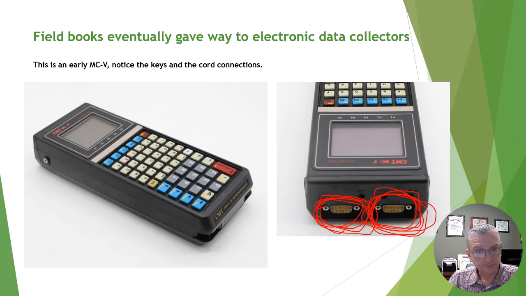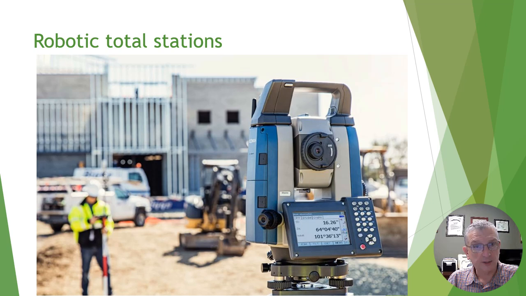And of course, this all evolved from, at this point in time, electronic total stations and data collectors. And now we've advanced all the way, as far as angles and distances, to the robot. This is a commonly found robotic total station.